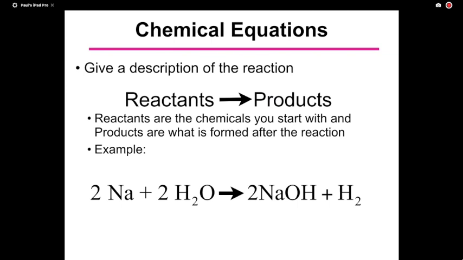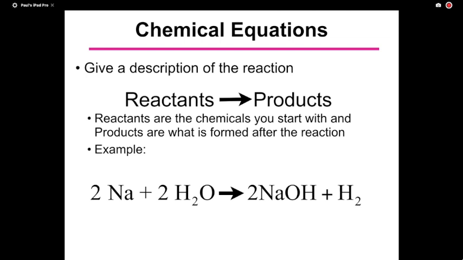Okay? And the chemical story starts like this. Once upon a time, just like all great stories start, we had something. And then, happily ever after, this is what happened. And so a chemical story is called a chemical equation.